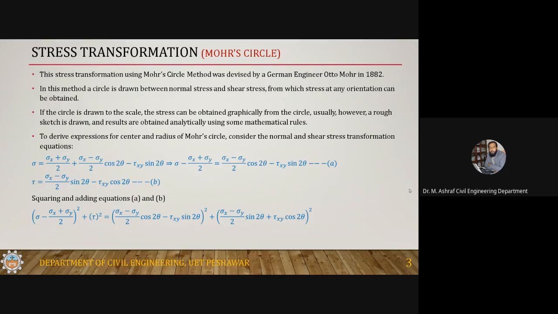Okay, even to multiply two numbers was a big challenge. So they were devising some mechanism for the calculation. In those cases, they wanted to avoid the calculation and use some graphical representation of the things. And since stress transformation requires a lot of calculations, Otto Mohr in 1882 devised this method of the Mohr circles.